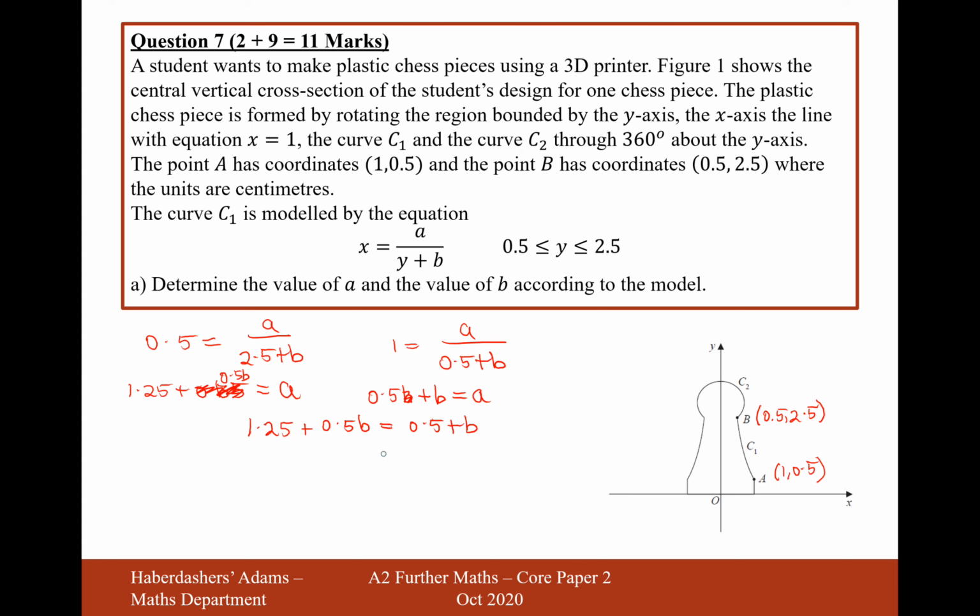Moving things onto the same side, we move the 0.5b onto the right hand side, subtract that from the left hand side, and we get 0.75 equals 0.5b. So therefore b equals 3 over 2, or 1.5. So therefore a is equal to 2. So therefore the equation is x equals 2 over y plus 1.5.